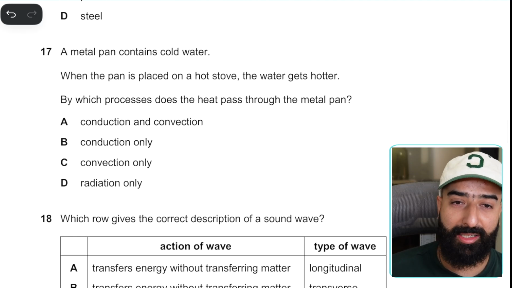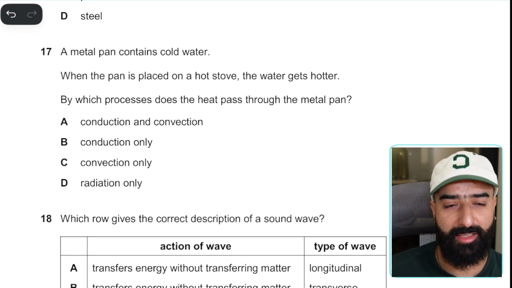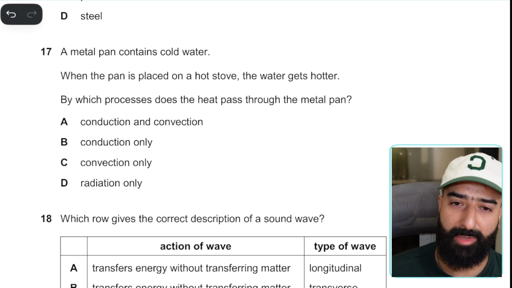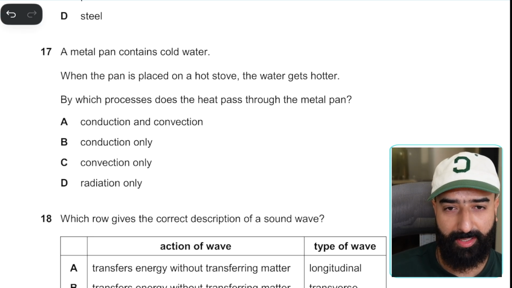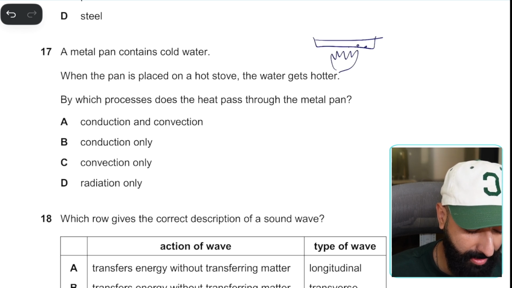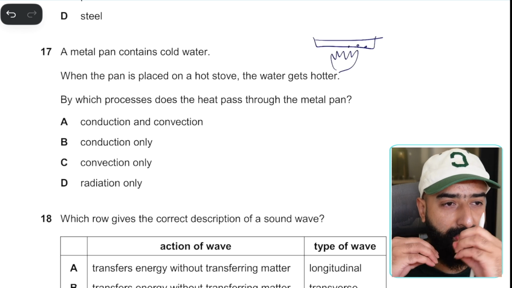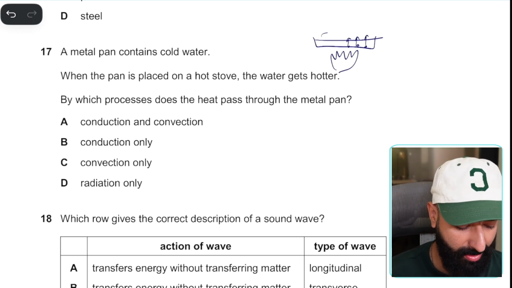A metal pan contains cold water. When the pan is placed on a hot stove, the water gets hotter. By which process does the heat pass through the metal pan? Well, definitely conduction. When you put a pan on a flame, the atoms gain energy, they begin to vibrate, and they pass the vibrations and the energy into the water.